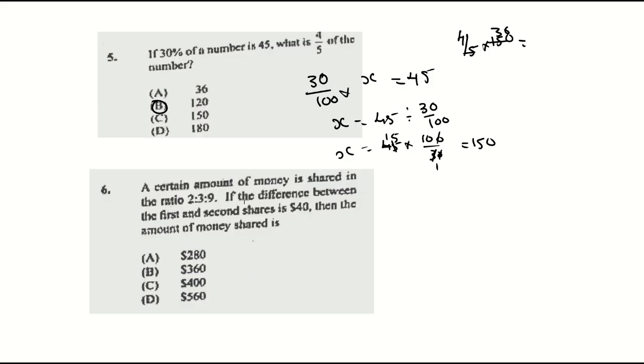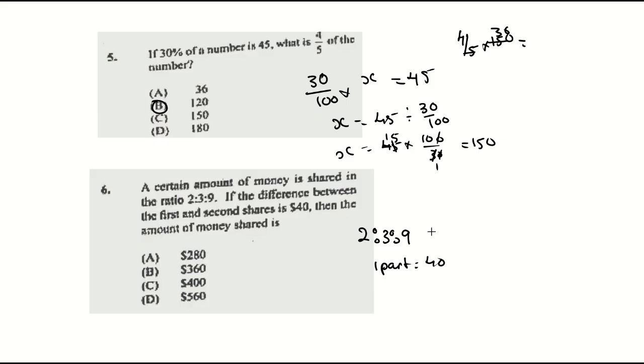Hold on. A certain amount of money is shared in the ratio 2 to 3 to 9. If the difference between the first and second share is 40, then the amount of money shared is... This is similar to the one with Jaden, Troy, and someone else. But let's do it. They say 2 to 3 to 9, and the difference between the first and second share, which is 2 and 3, so one part is equal to 40.